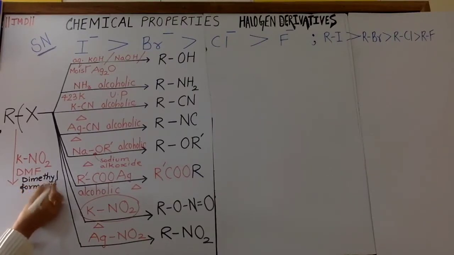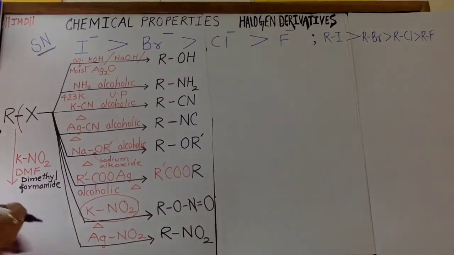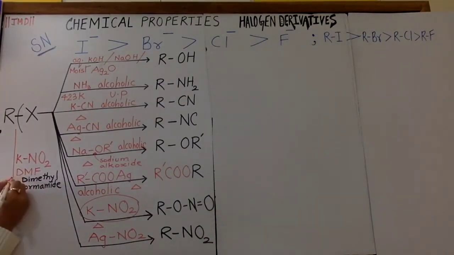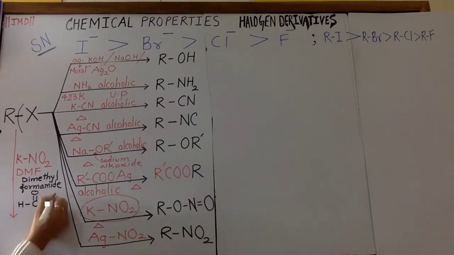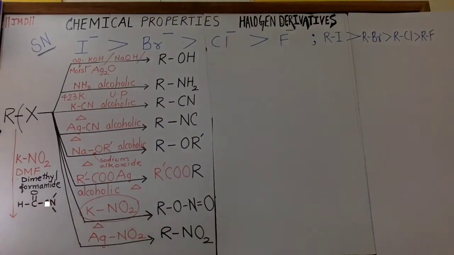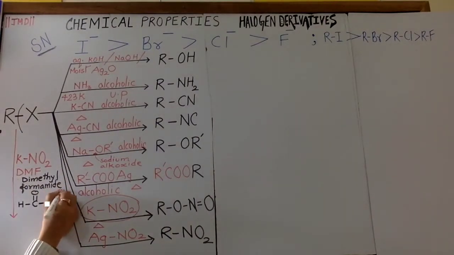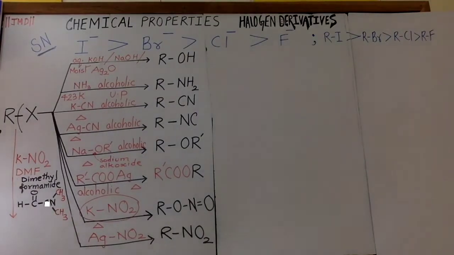We can also see its structure. Formamide is HCONH2. But instead of those two H, if I write CH3, it becomes dimethyl formamide.